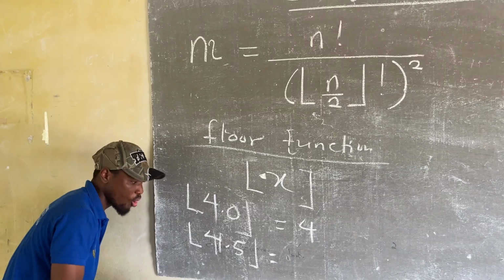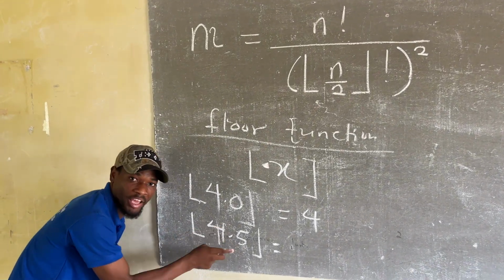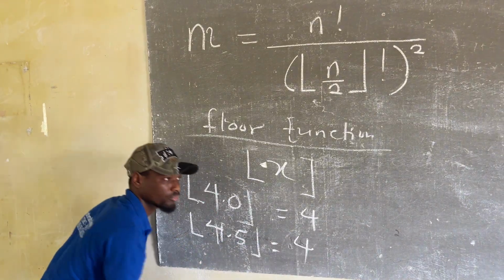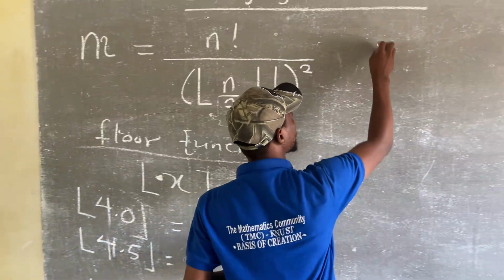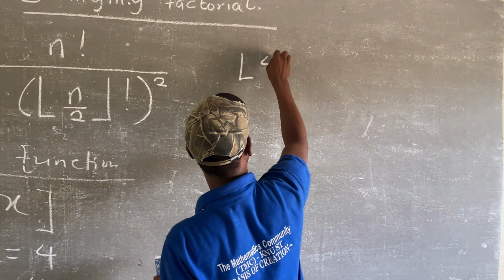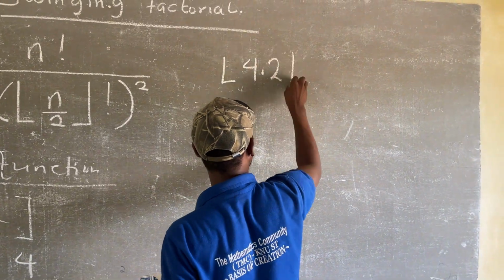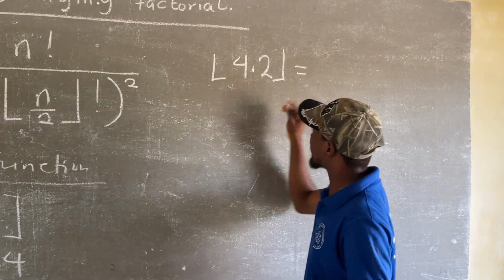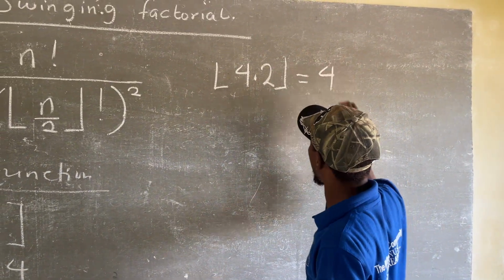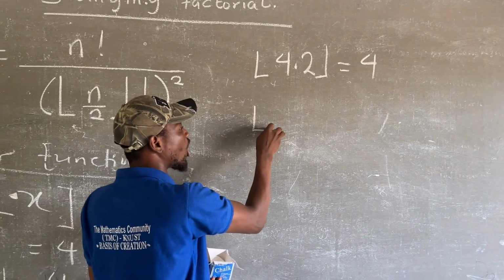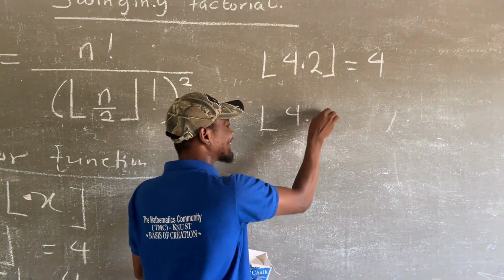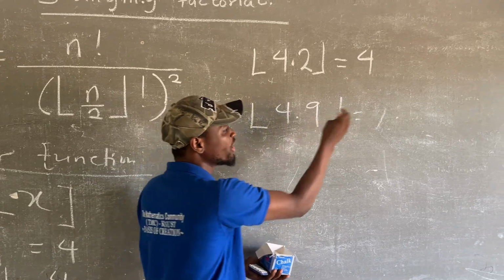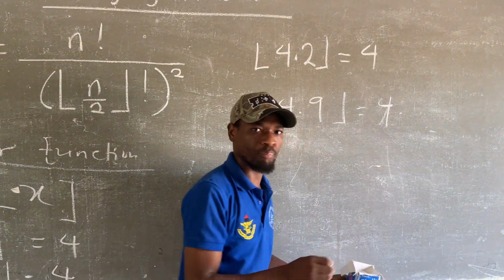The floor of 4.5 is the number 4. The floor of 4.2 is 4. And the floor of 4.9 is simply 4. As simple as that.